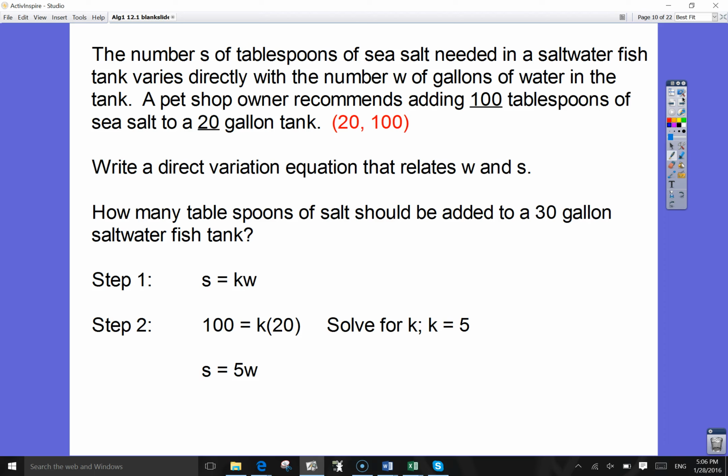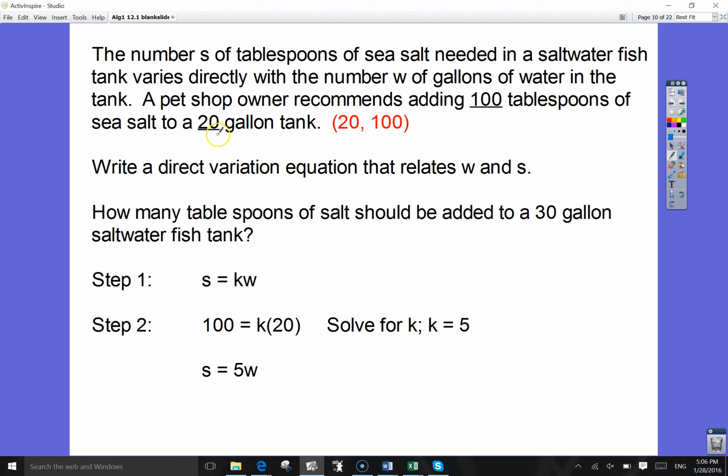In this case, it says the pet owner recommends adding 100 tablespoons of sea salt to a 20-gallon tank. Well, since the S represents the salt, that's like the Y variable. That's why I'm putting the 100 here as the Y coordinate in a point.